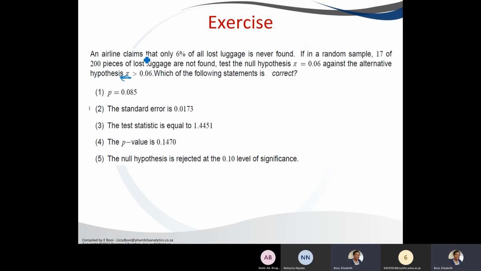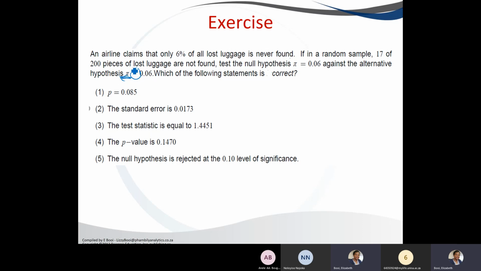So an airline claims that only 6% of the lost luggage is never found. If a random sample of 17 of 200 pieces of lost luggage are not found, test this hypothesis that the population proportion of 0.06 against the alternative that states that the population proportion is greater than 0.06.